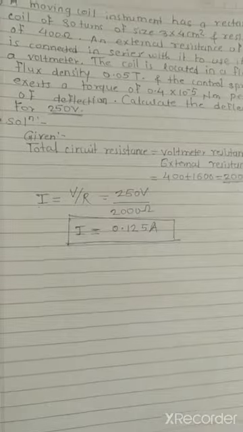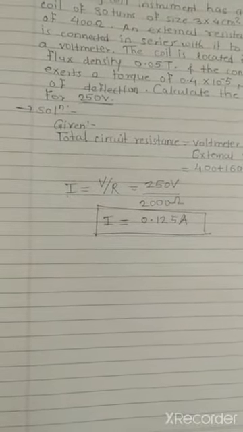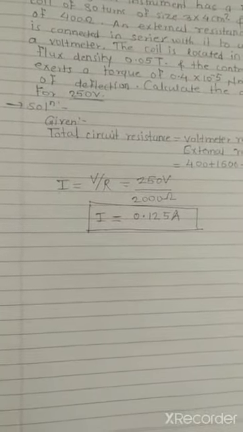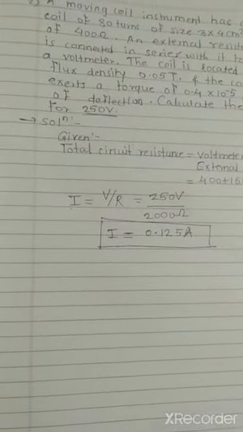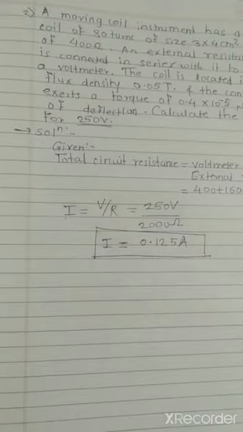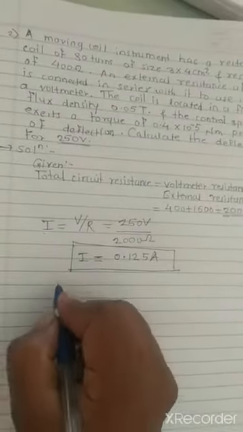Now we have to find the total torque produced by the instrument when the current is 0.125 ampere, which means you have to calculate the value of TD.